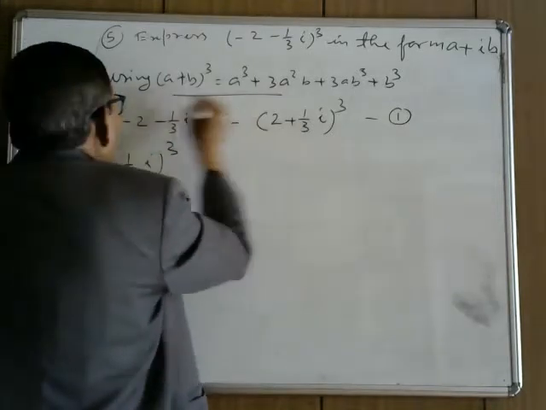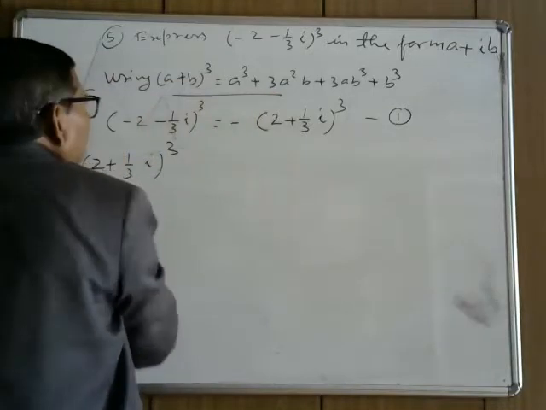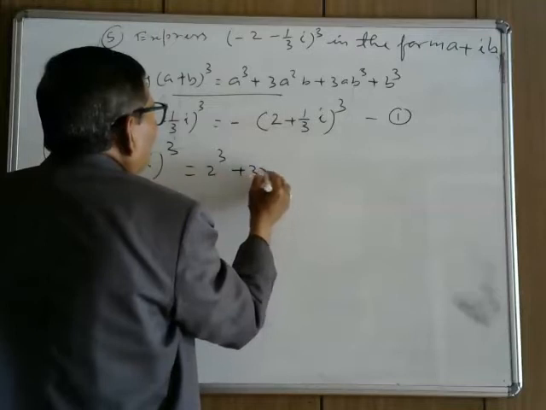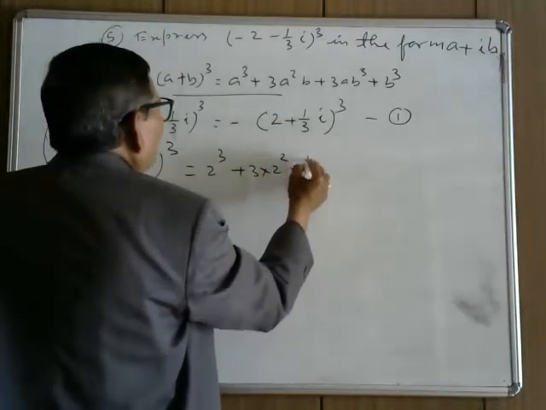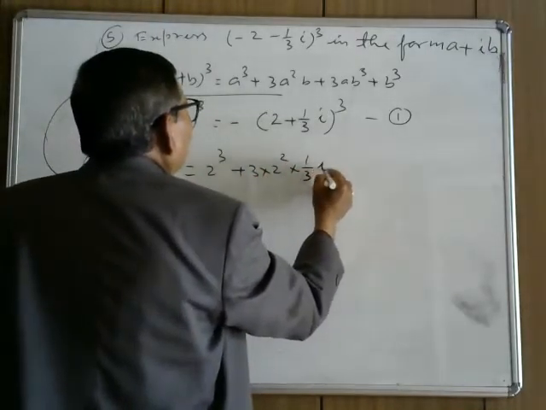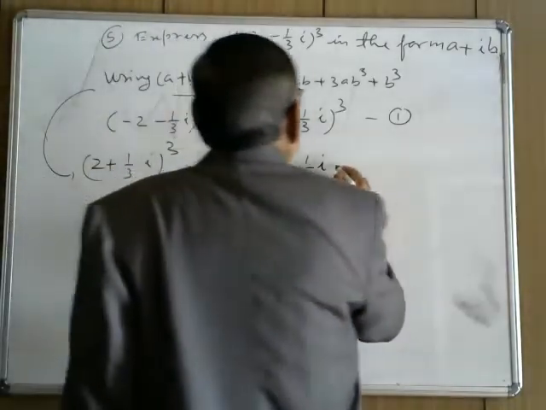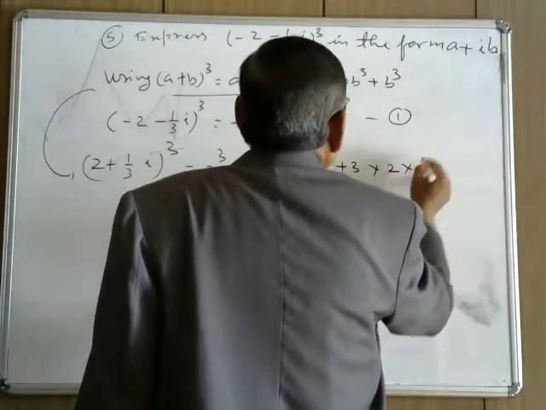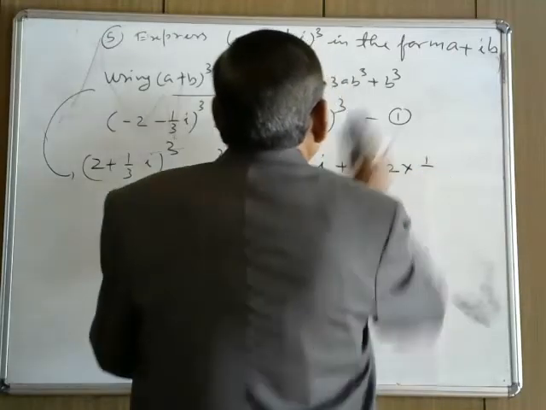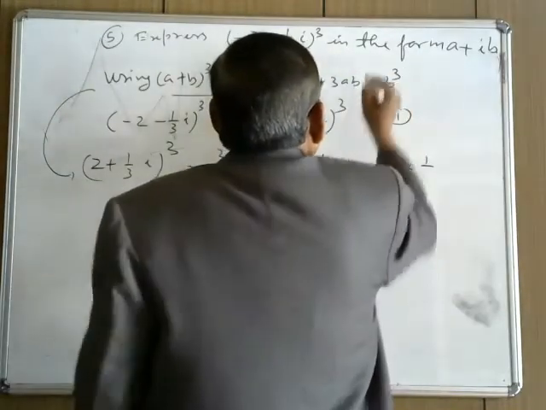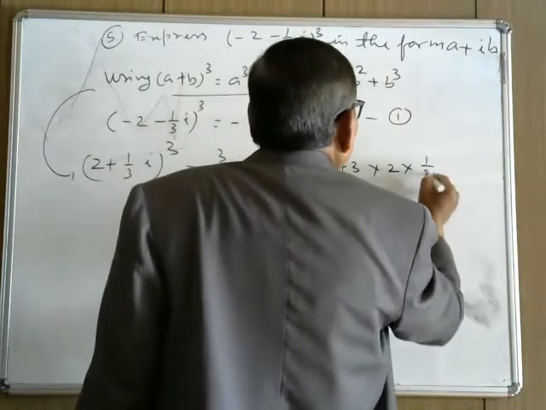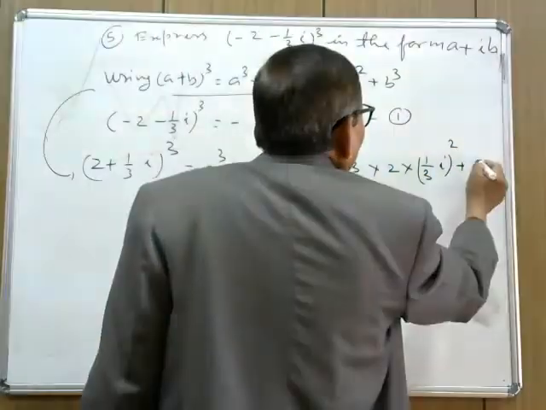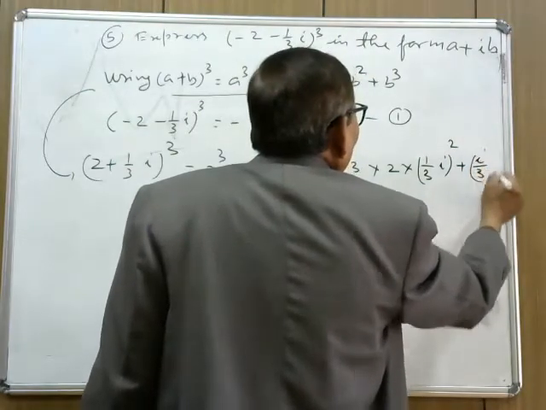By using this formula, we can write 2 cube plus 3 into 2 square into 1/3i plus 3 into 2 into (1/3i) whole square plus (i/3) whole cube.